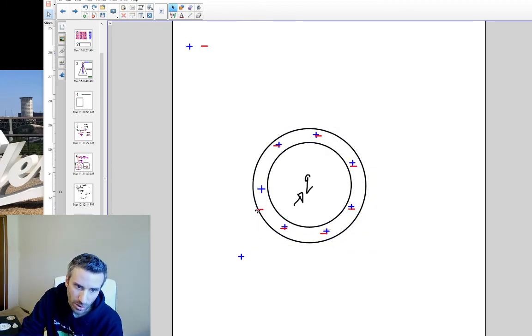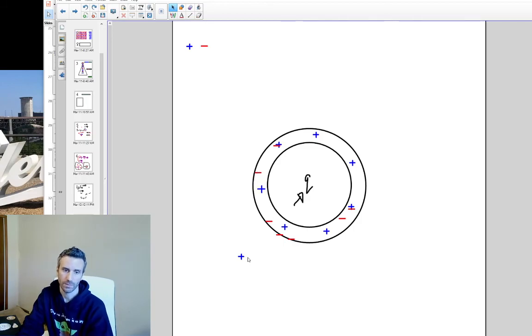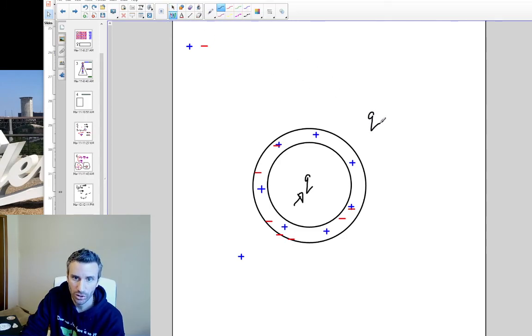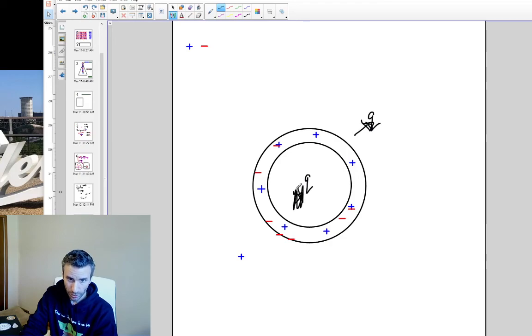The electrons would go towards that positive charge as much as possible until it just totally neutralizes the charge. So as far as what is being experienced inside of the sphere, it would be neutral. If you were over here, a test charge over here, that'd be different. You'd be experiencing a positively charged electric field. But inside, nope, no electric field at all.